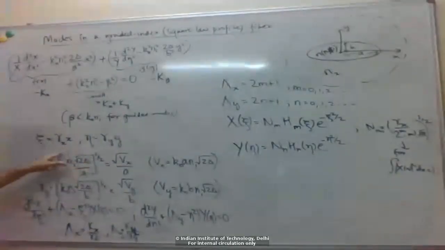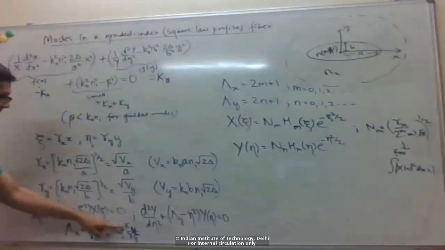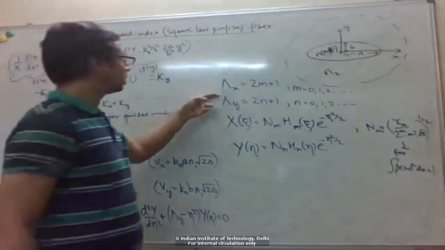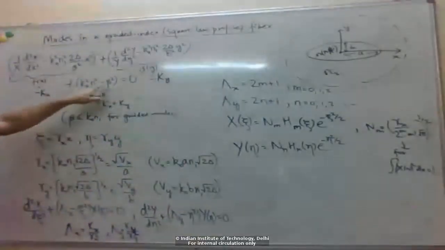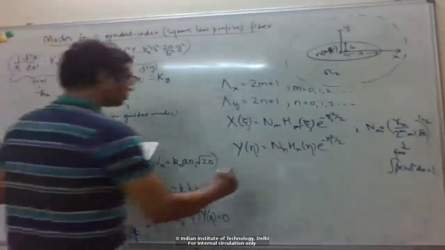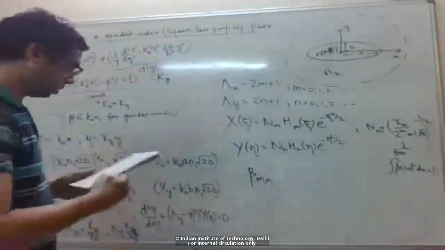So gamma x just depends on the fiber parameters. So we can get capital Kx and capital Ky now, once lambda x and lambda y are decided, right? And from that now we can get beta mn, right?